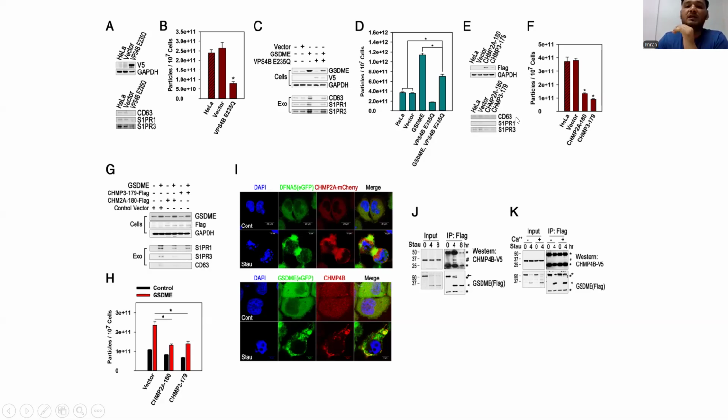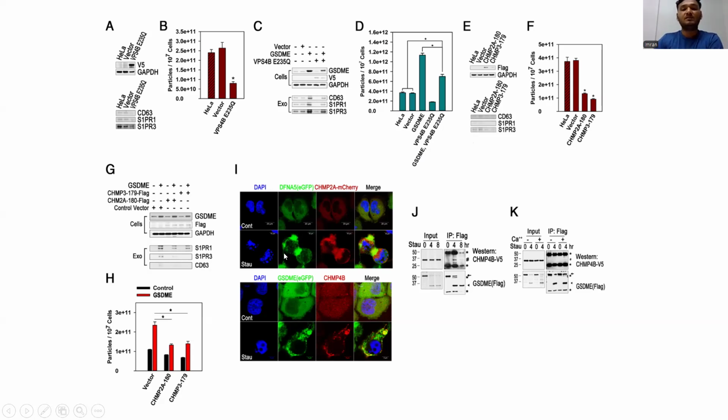When in these cell lines Gasdermin E was overexpressed, it had a positive effect on the release of the exosome, but not as similar as the wild type. The pattern was the same in both the VPS4 cells overexpressing Gasdermin E and also the mutated CHMP3 and CHMP2A cells overexpressing Gasdermin E.